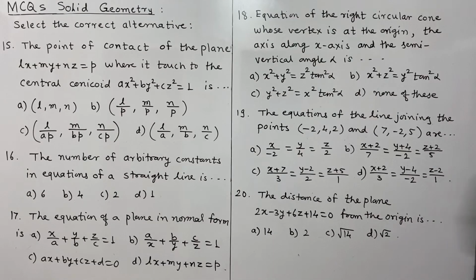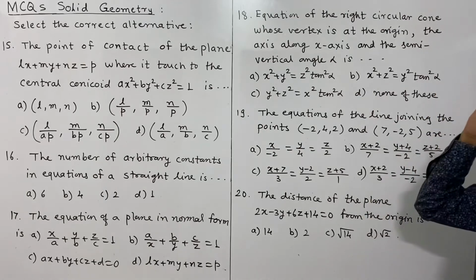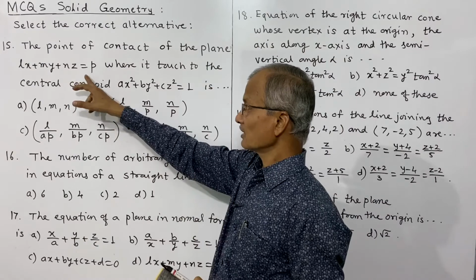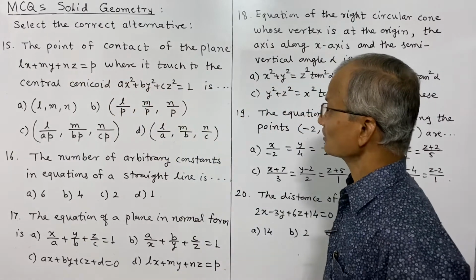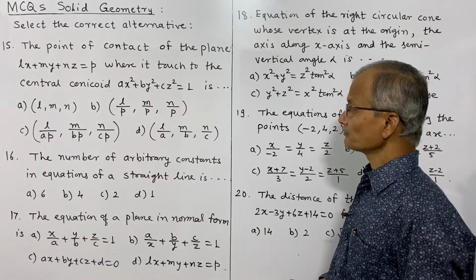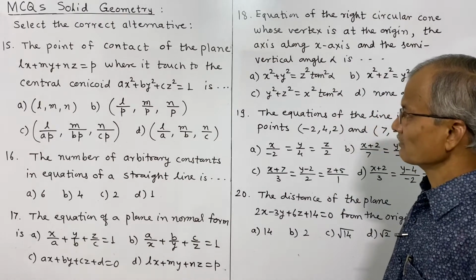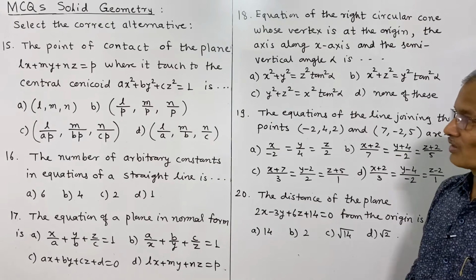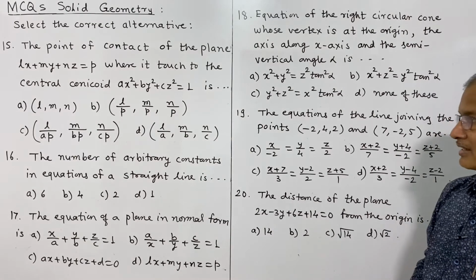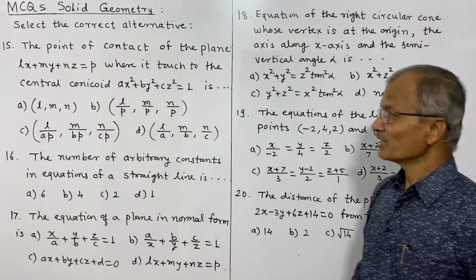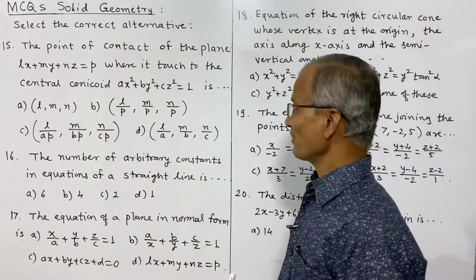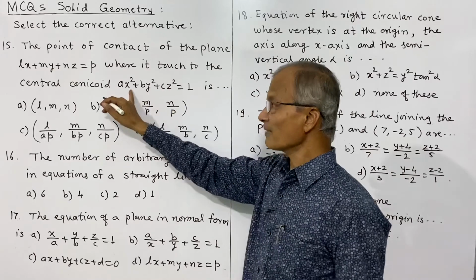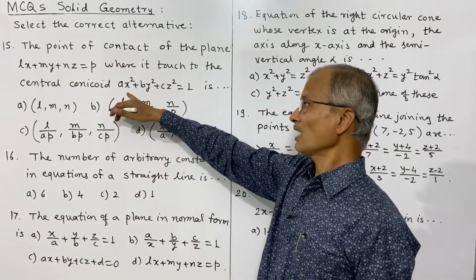The next question is: the point of contact of the plane Lx plus My plus Nz is equal to P, where it touches the central conicoid Ax square plus By square plus Cz square is equal to 1, is what? The point of contact is asked. If we consider alpha, beta, gamma as the point of contact, then the tangent plane can be written by replacing x square by alpha x.